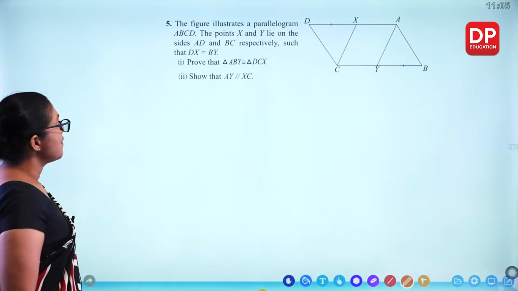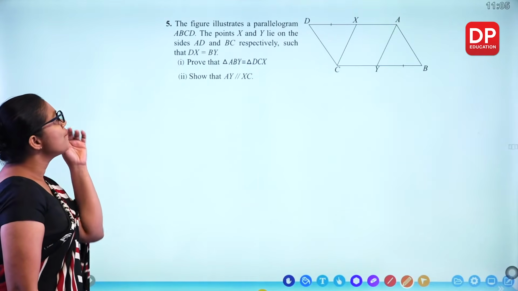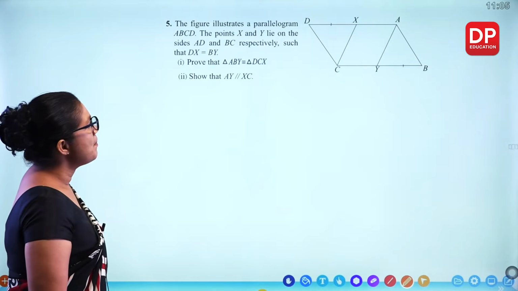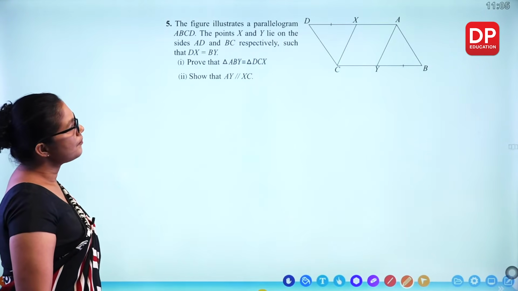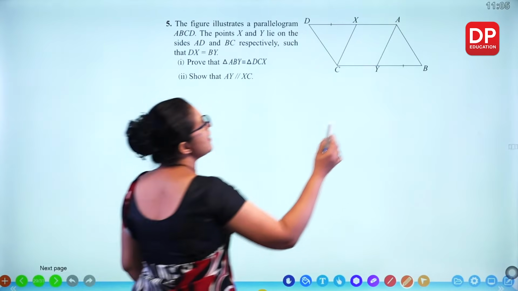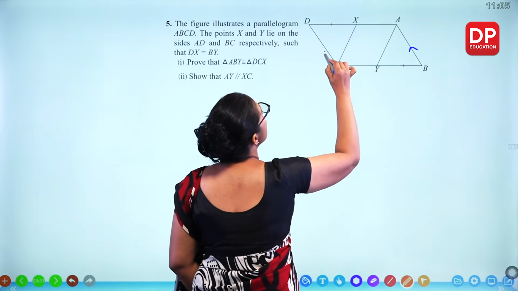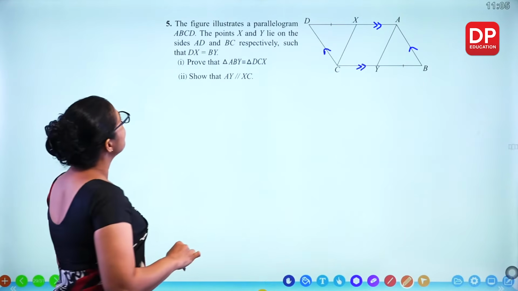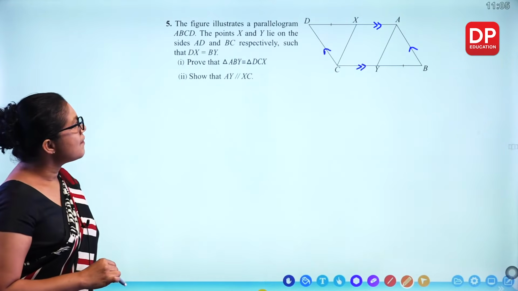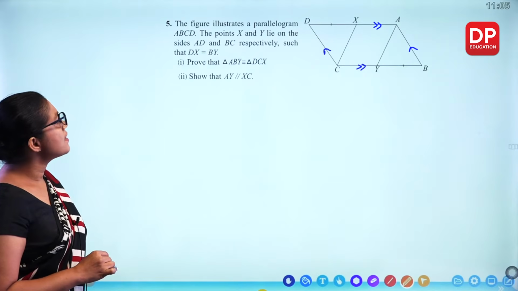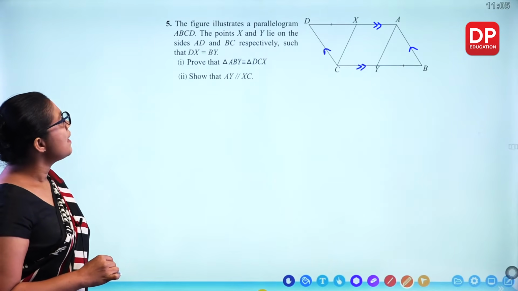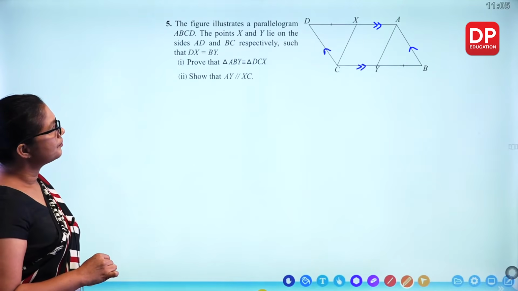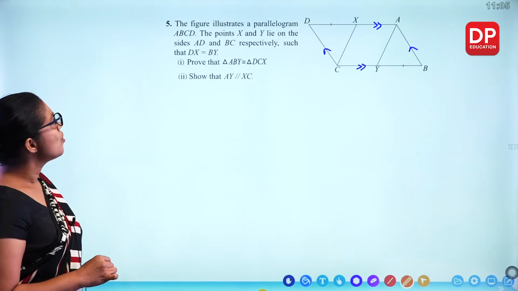Question number 5. The figure illustrates a parallelogram ABCD. ABCD is a parallelogram. Straight away I can write down the parallel lines. The points X and Y lie on the sides AD and BC respectively, such that DX is equal to BY.